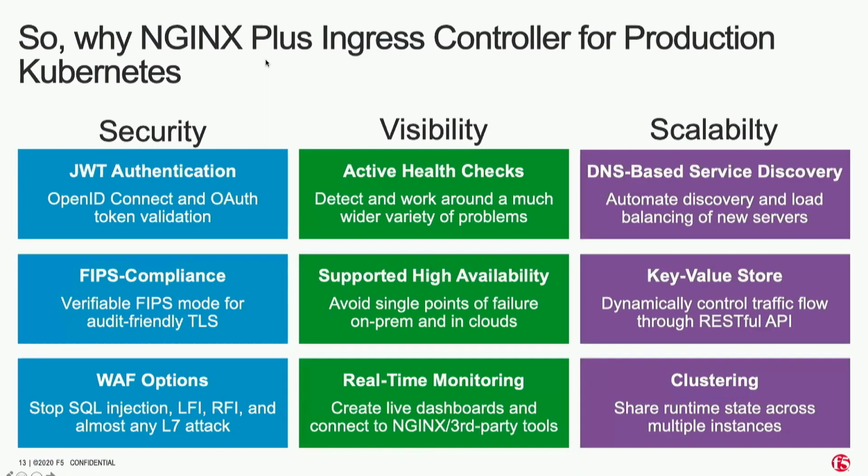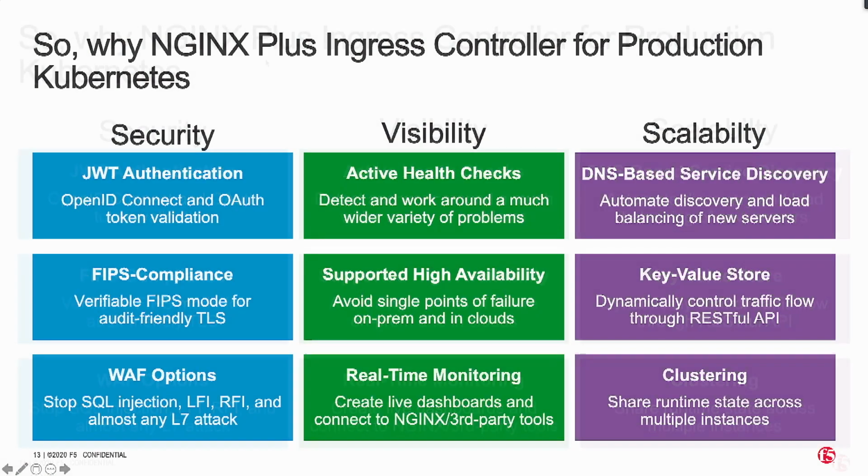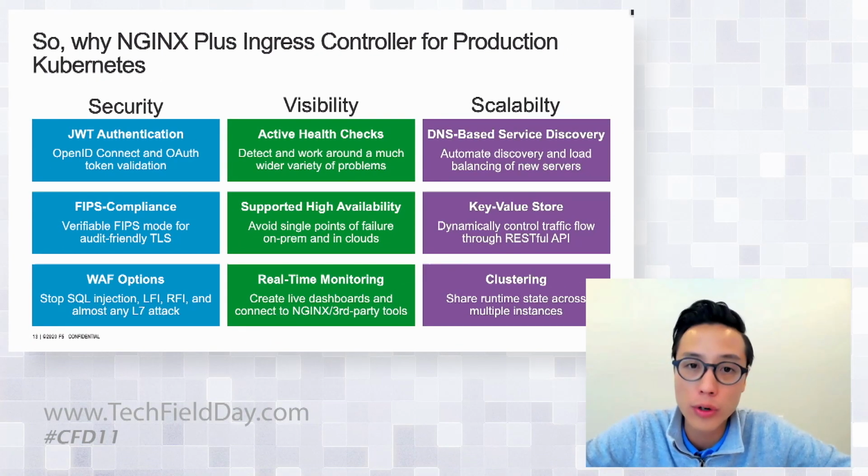So as a quick recap, the net of our presentation of the session is that Kubernetes doesn't have to be that hard, and we understand that there is a large and vast number of different technologies and tooling that's readily available. But in order to get your Kubernetes deployments production ready, these 3 things have been top of mind for many of the organizations and folks that we've talked to: security, visibility, and scalability have been some of the biggest challenges in deploying Kubernetes into production, where NGINX Ingress Controller and NGINX Plus Ingress Controller can certainly help with this.